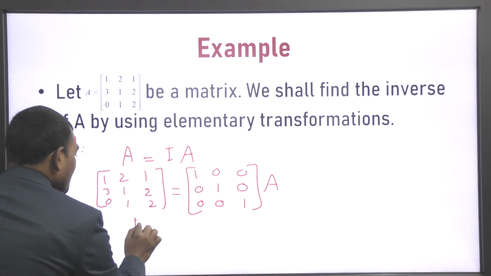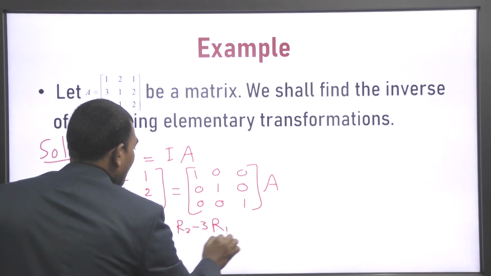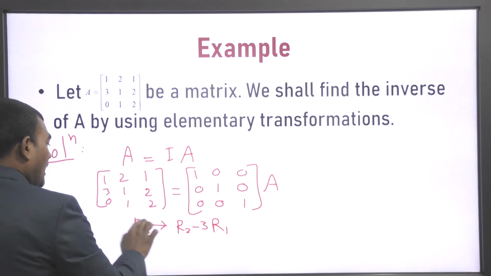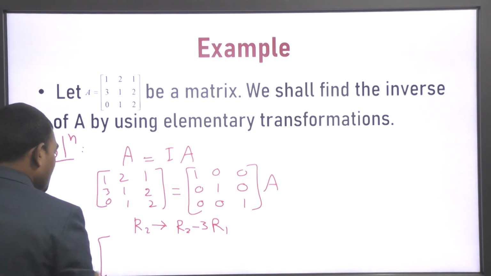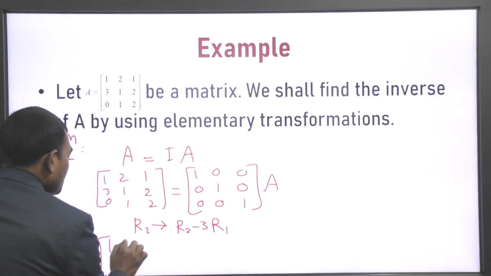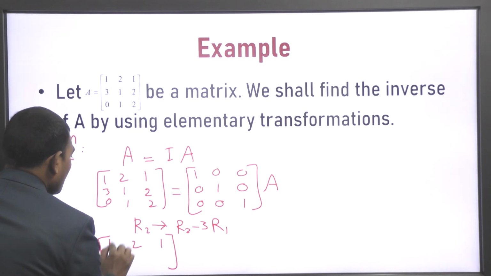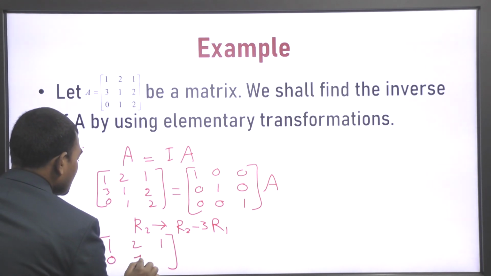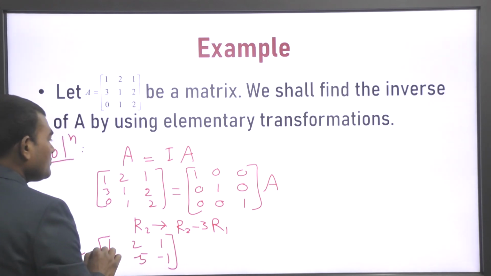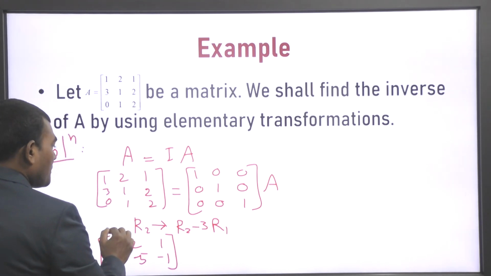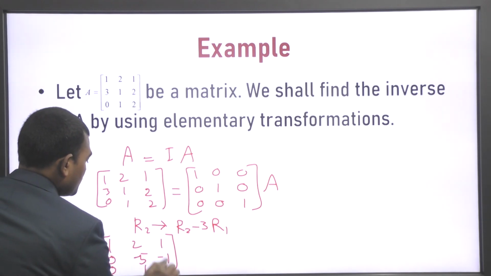Now see here, the first row, first column element is 1, and we will make the 3 a 0, so we apply R2 replaced by R2 minus 3 R1. Then this equivalent system of matrices will be applied. The first row will not change, 1 2 1, and the second is 3 minus 3 = 0, 1 minus 6 = minus 5, and 2 minus 3 = minus 1, and the third row will not change, 0 1 2.